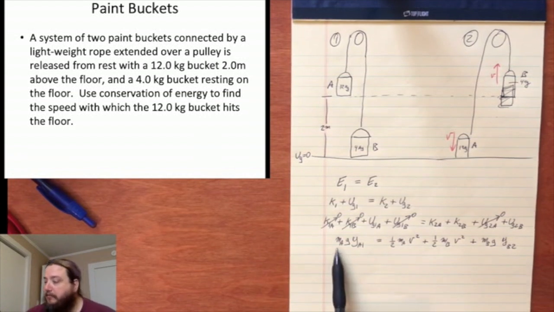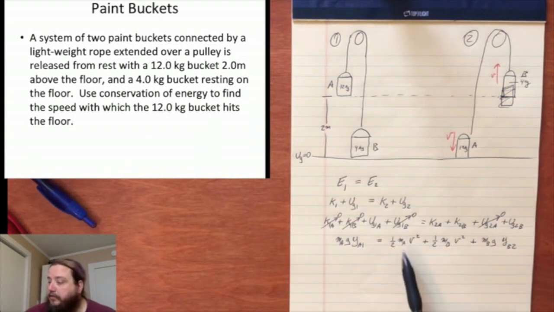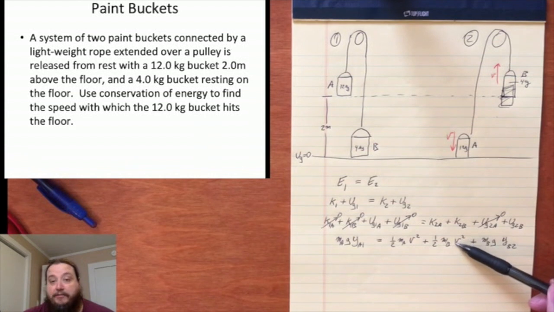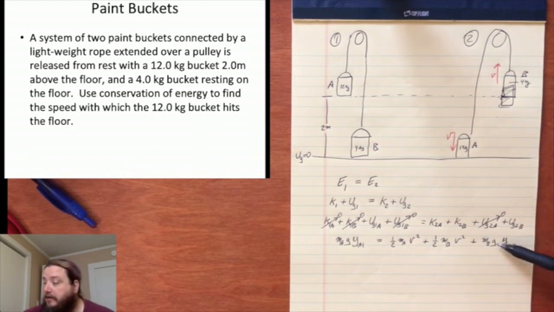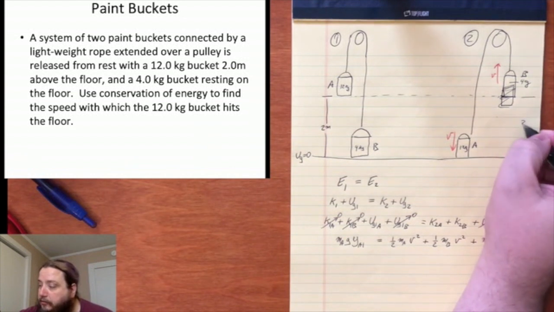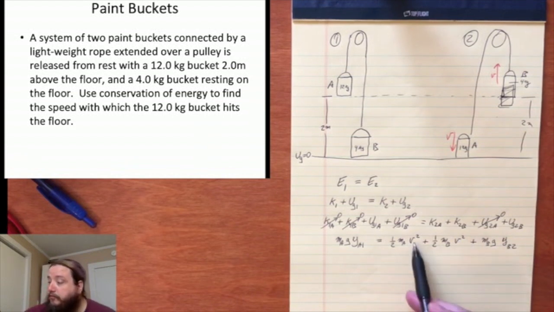So now we have an equation that on the left-hand side relates the gravitational potential energy of bucket A, 2 meters above the ground, to the kinetic energy of both bucket A and bucket B moving at the same speed v, and the gravitational potential energy of bucket B now sitting 2 meters above the ground. So we're solving for v.